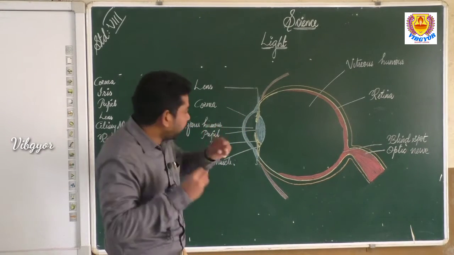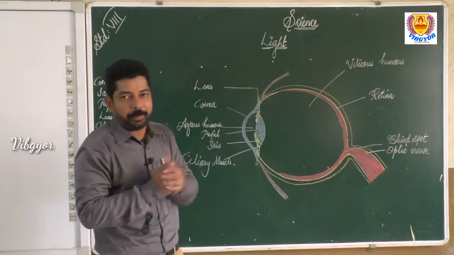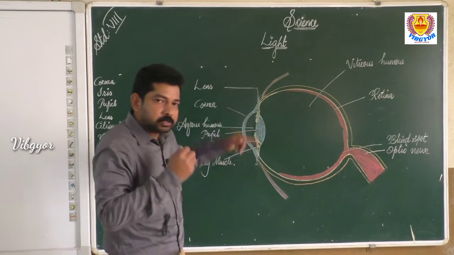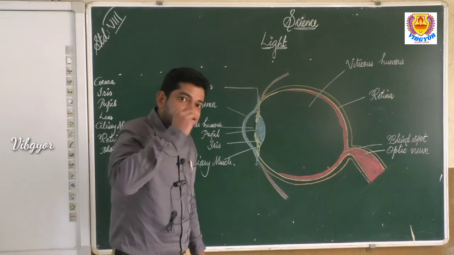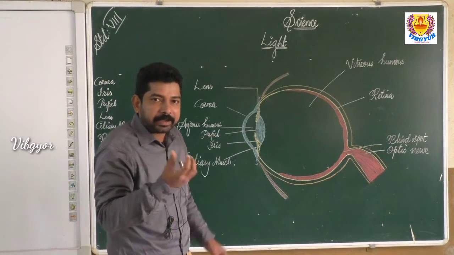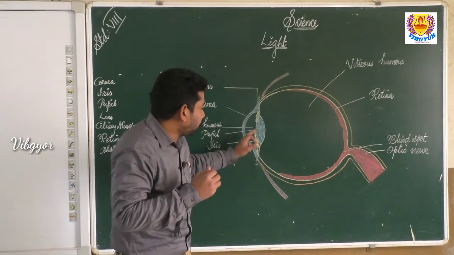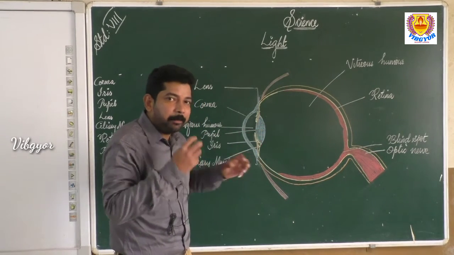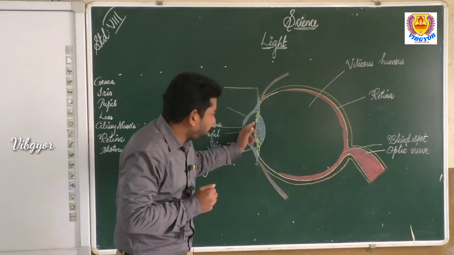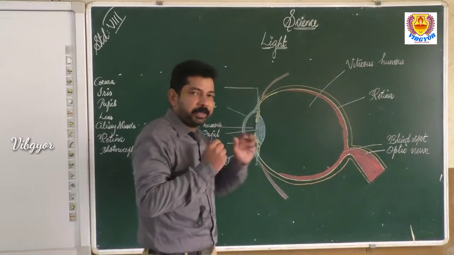As it expands and contracts, it can increase or decrease the size of this opening. Do you know the name of this opening? The name of this opening is pupil.